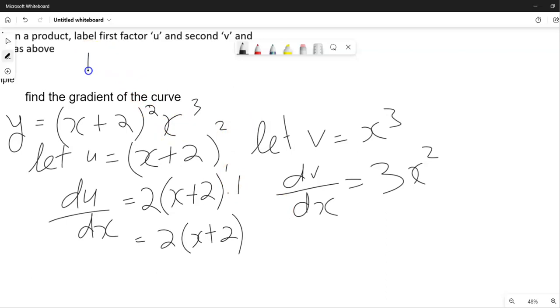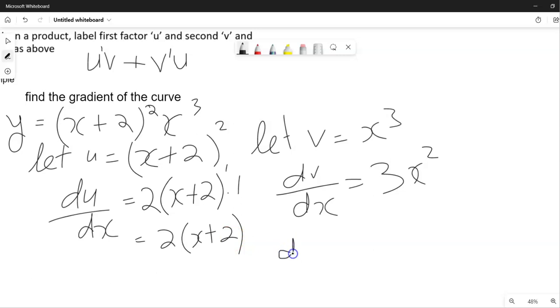Now just you're not seeing it, so let me write it back there. The differentiation of the product is that plus that times that. So differentiate the first factor, which we did and got du by dx.